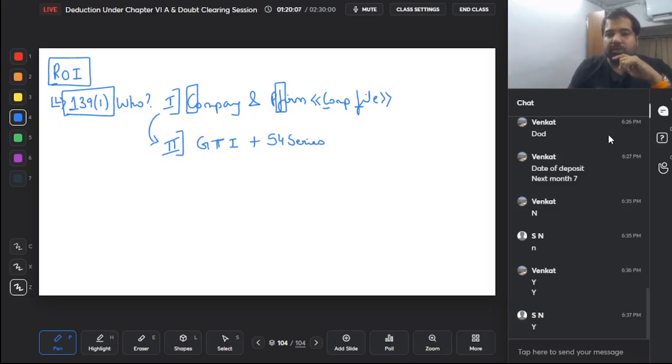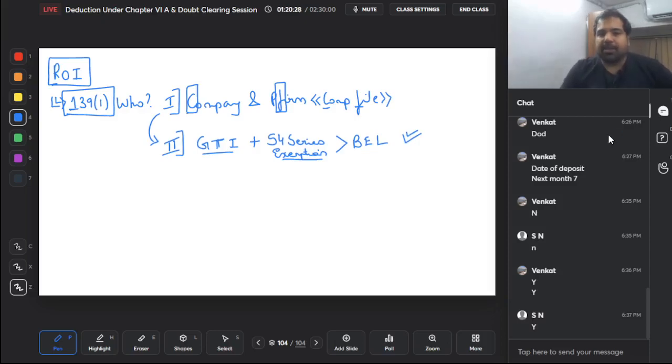So those 54 series exemptions, not just section 54, but 54H, 54B, 54F, all of those, if your gross total income plus your 54 exemptions are greater than your basic exemption limit, then you need to file your return.